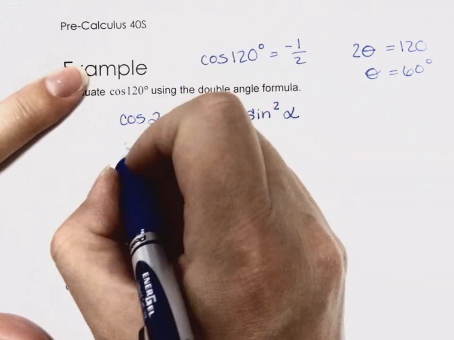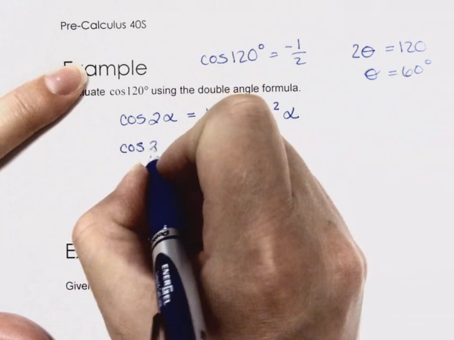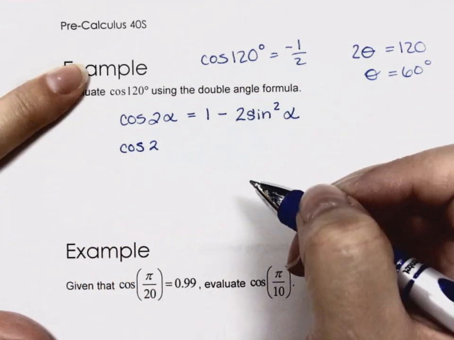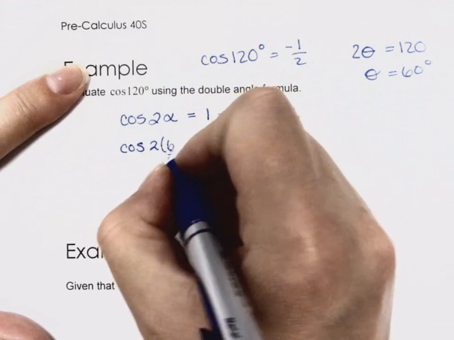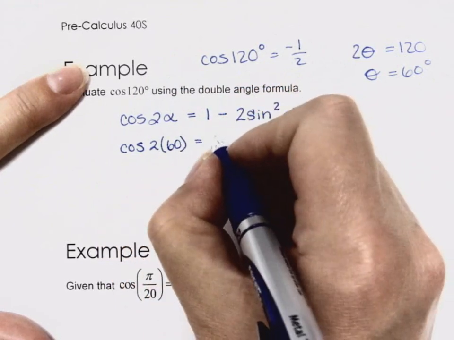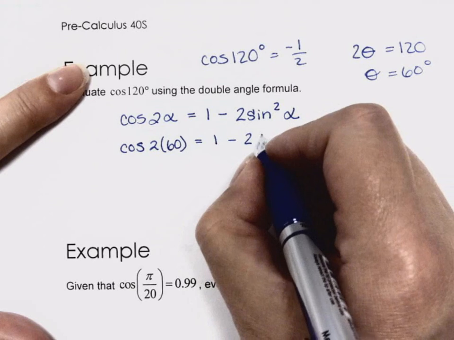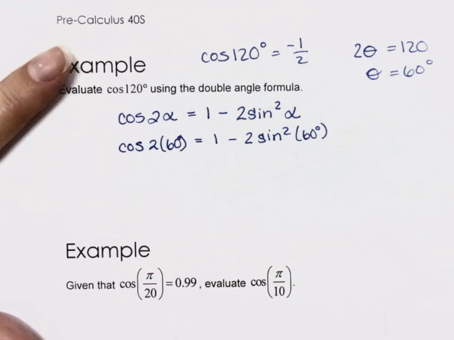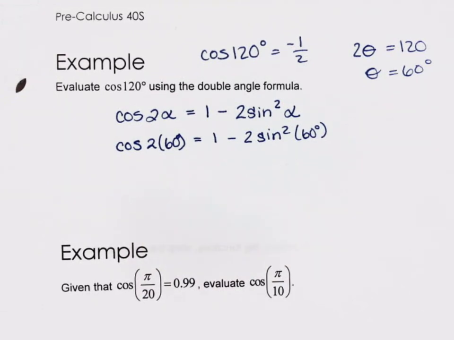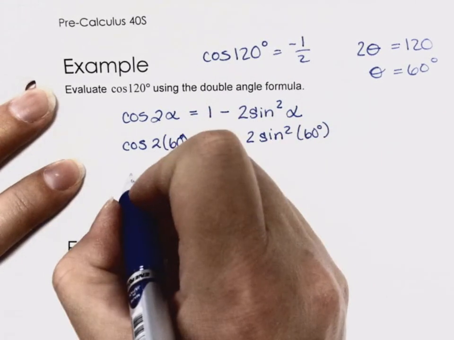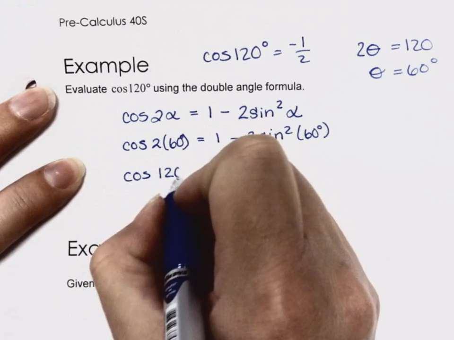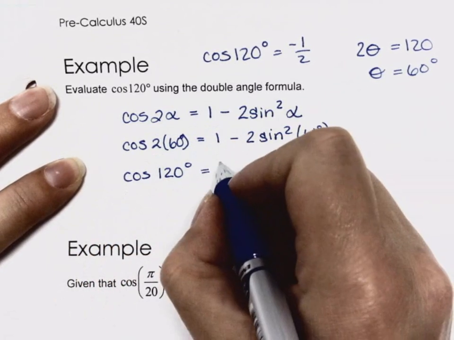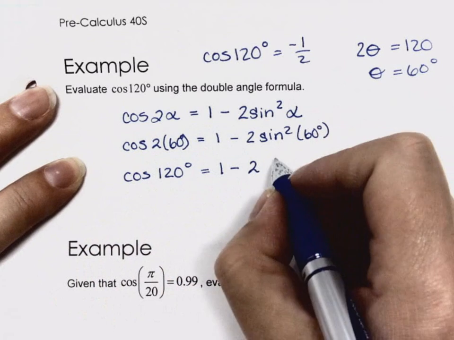All right, so what is our angle that we're using? What's alpha? 60. All right, so we're going to evaluate sine of 60. What is sine of 60?